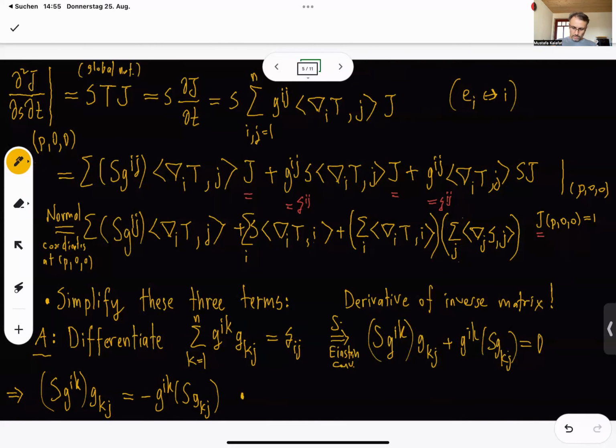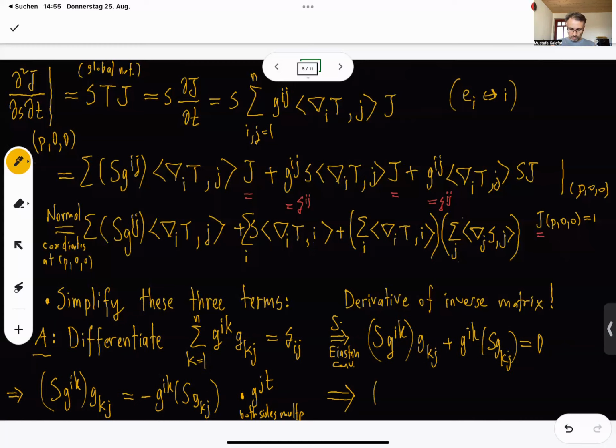So multiply both sides with g^{jt}, so that eventually you're gonna have Kronecker delta here with k's changed to t's.